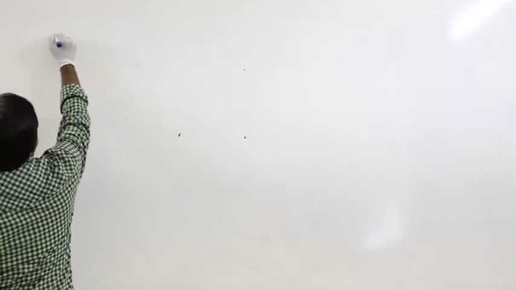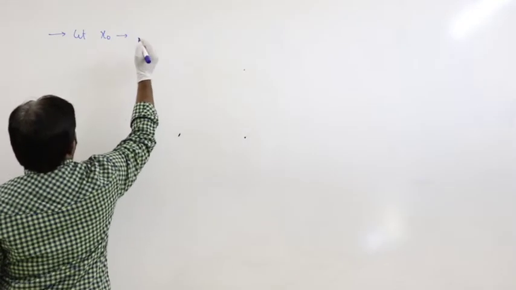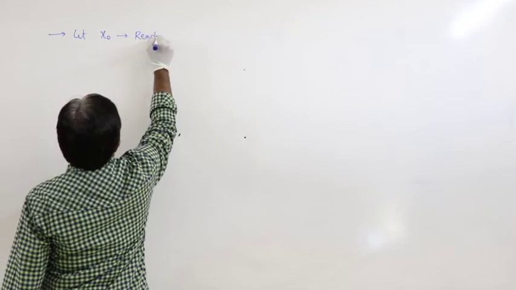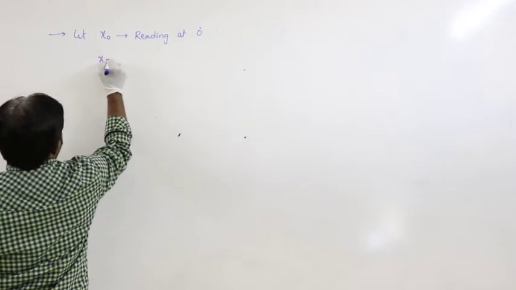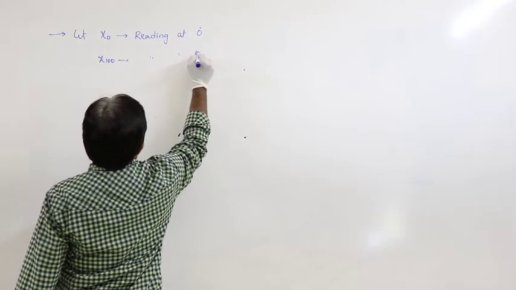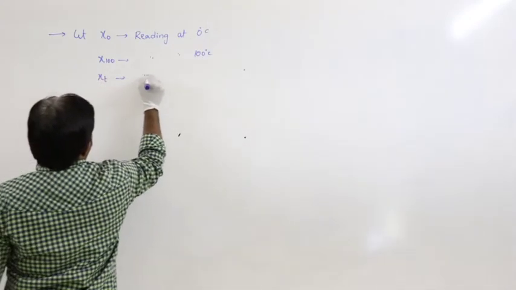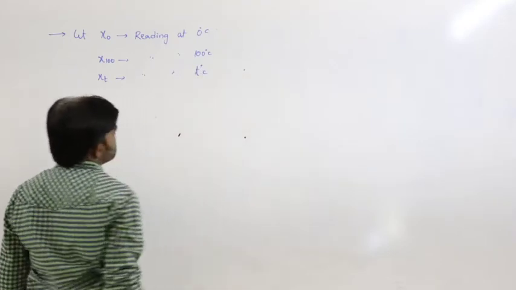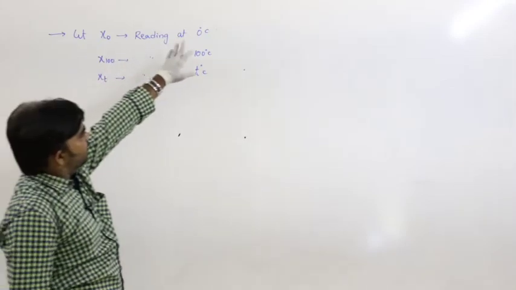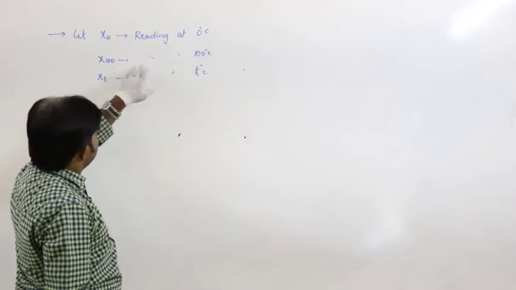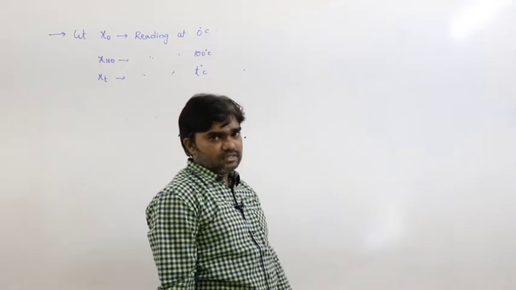See here, let x0 be the reading at 0 degrees Celsius, x100 be the reading at 100 degrees Celsius, and xt be the reading at t degrees Celsius.